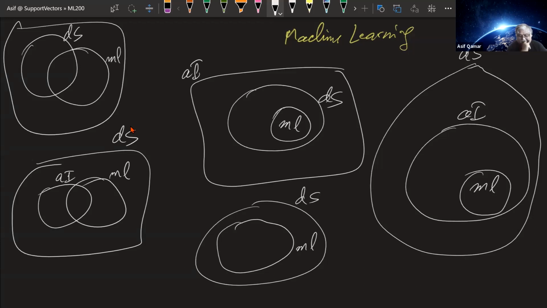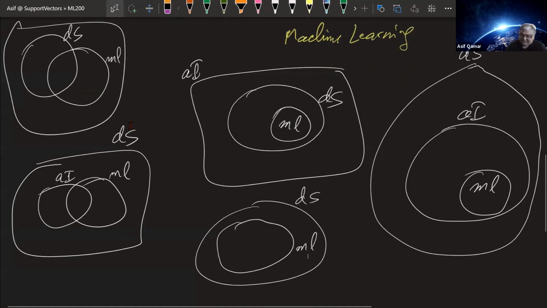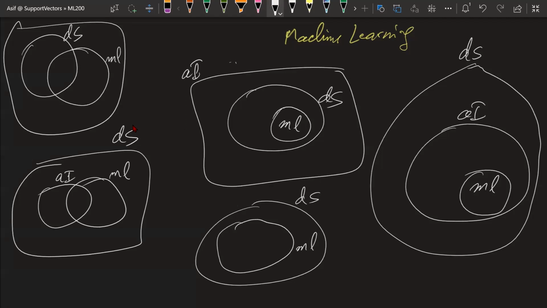And artificial intelligence is the bigger one surrounding both ML and data science. All right, so you would put this as a possibility. I think it's the same as the second one. Yes, then it begins to look like the second one.